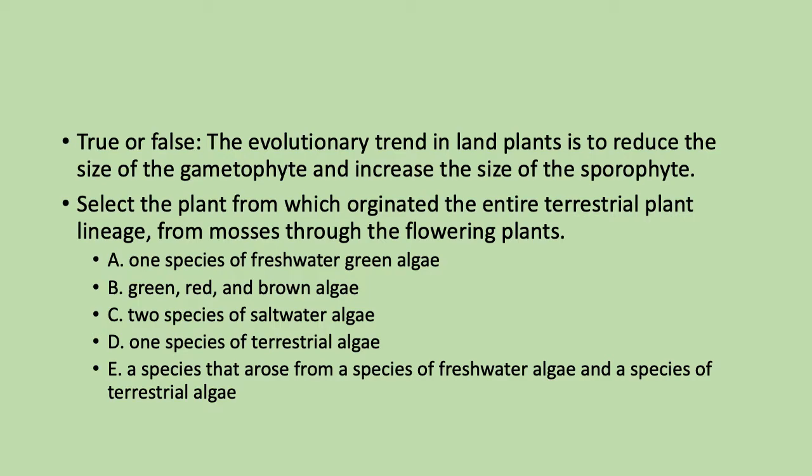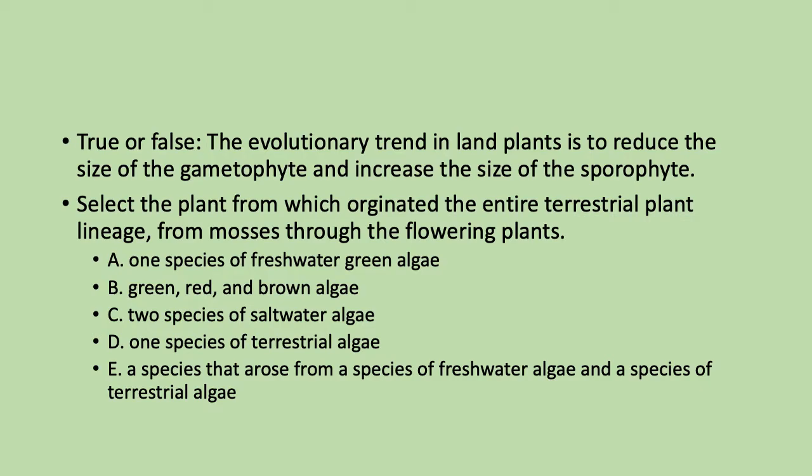That is true. And the final one, select the plants from which originated the entire terrestrial plant lineage, from mosses through the flowering plants. There's only one species. One species of freshwater green algae.